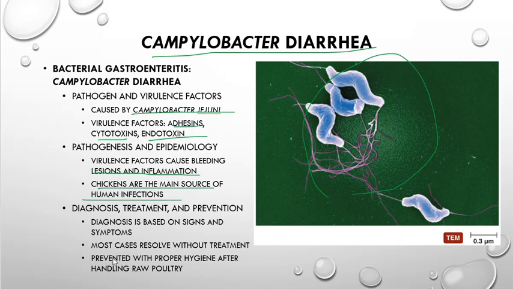Got to make sure that chicken is cooked. Diagnosis on signs and symptoms. Most of these are going to resolve without any kind of treatment. Proper hygiene when handling raw poultry. If you're cooking chicken, make sure you wash your hands before you rub your nose or get it anywhere near your mouth.